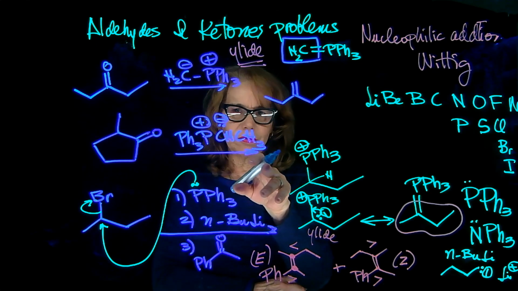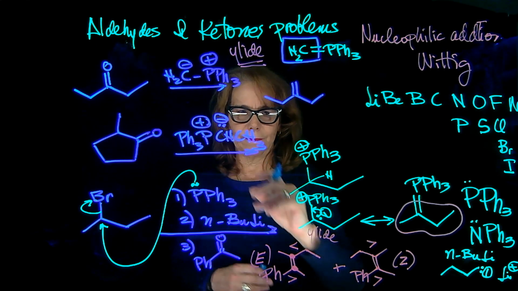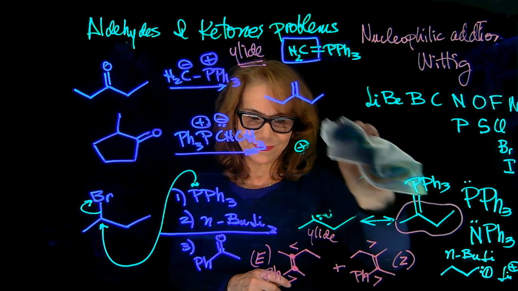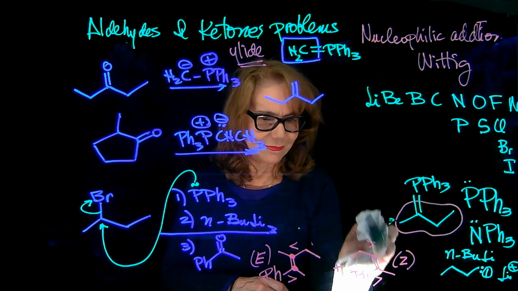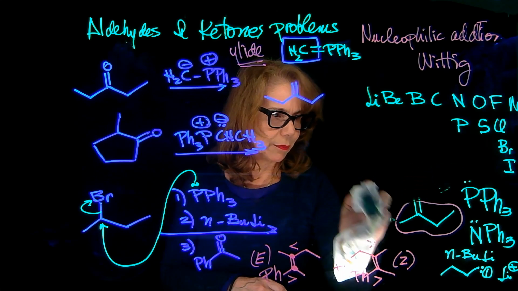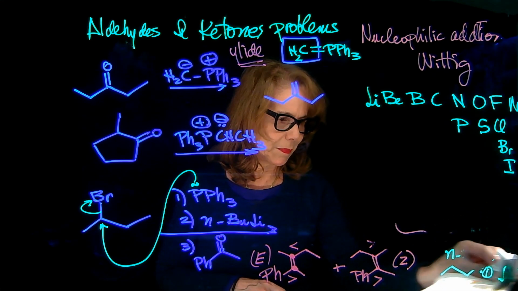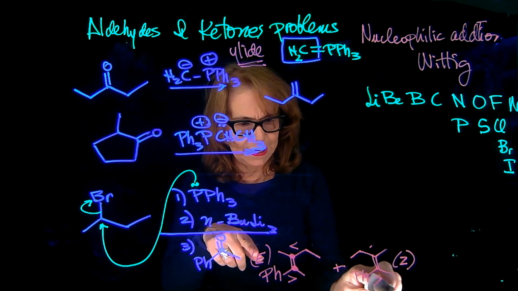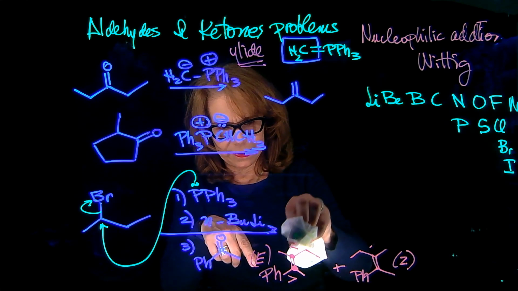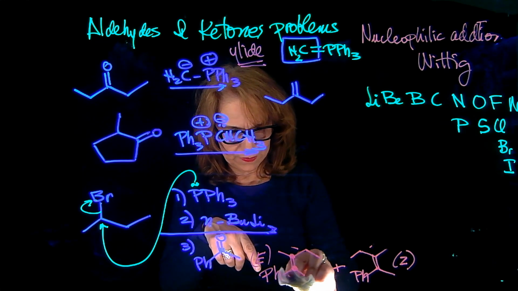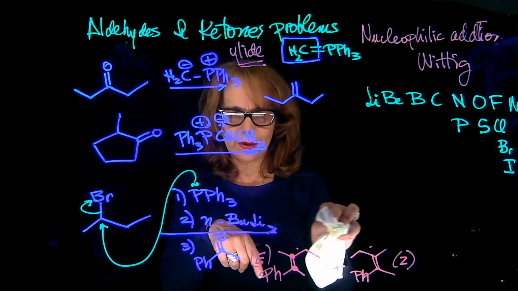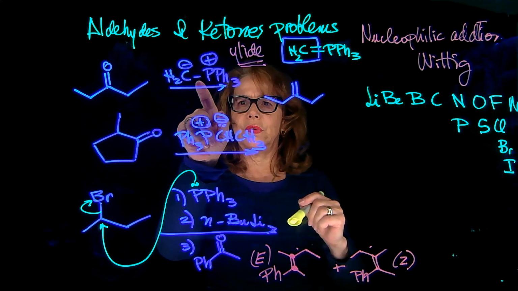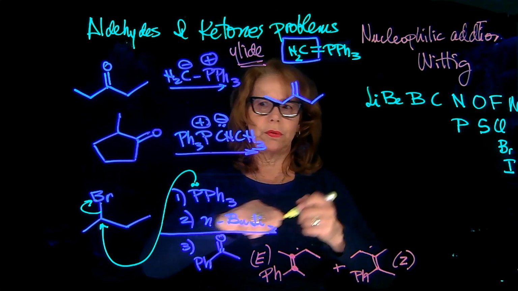All right, now next is this one, and I'm going to have to erase some of that, and you're going to keep the final products. So here you had the E and the Z, right? Just trying to make it cleaner here. All right, so what is this? Let's draw the halide now in this form, the resonance structure.